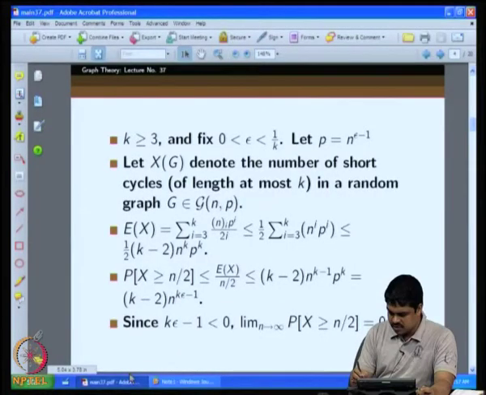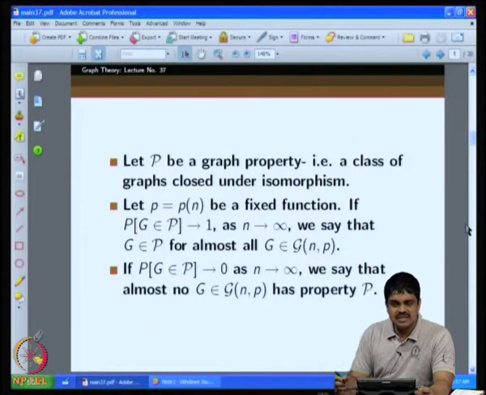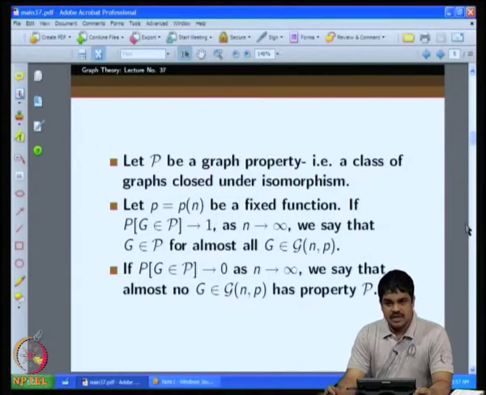The number of vertices has reduced a little bit, but because the independent set sizes were quite small, the chromatic number of the graph has to be still big. That is the argument. So, this is enough for introducing the probabilistic method.